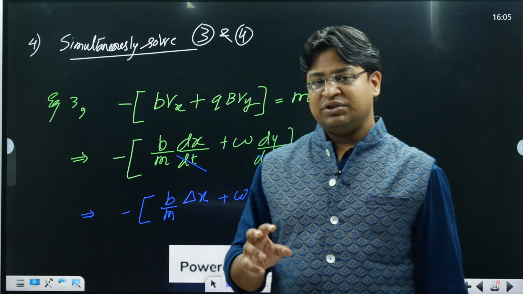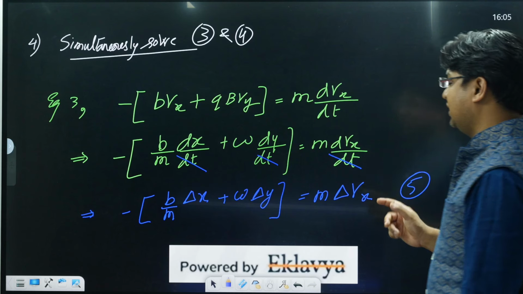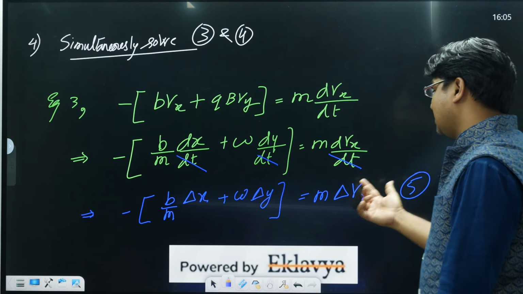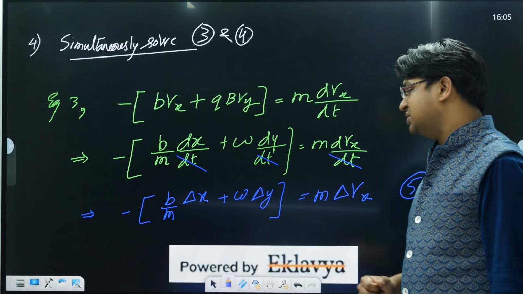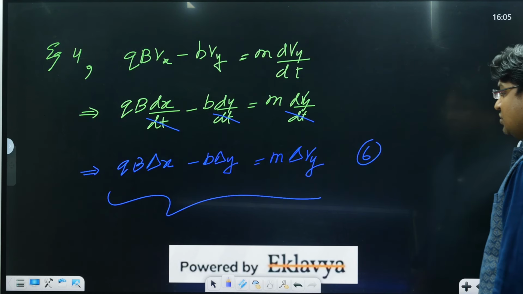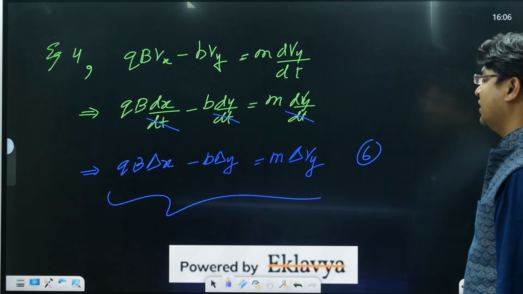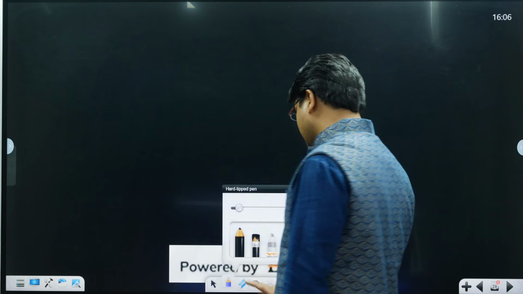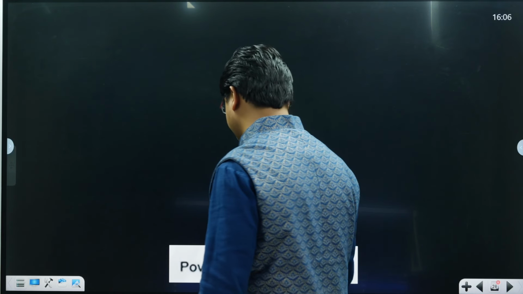If we know the speed and phi, then we can readily write the x component and the y component of the velocity. So delta Vx and delta Vy are known, and delta x and delta y are the two unknowns. We want to solve these equations simultaneously. So my next step of calculation would be to solve 5 and 6 simultaneously.